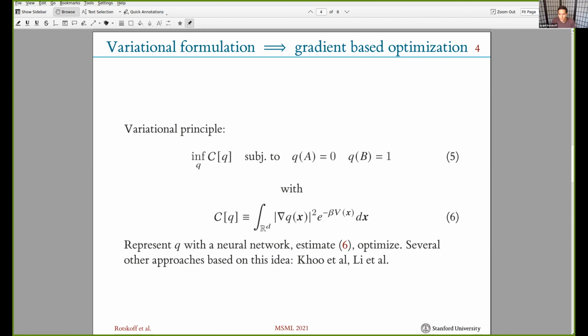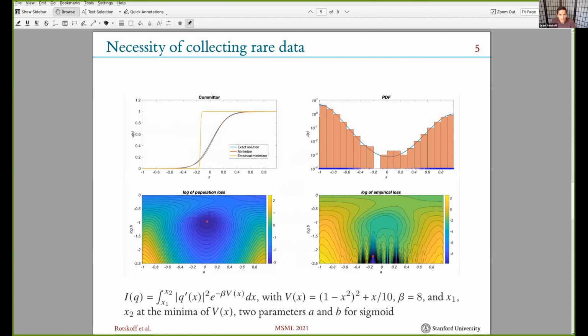Okay, so there are a few other works, as I said, in this conference talking about this. So let me illustrate why this sampling is challenging just with a very minimal example. This minimal example is just a double well potential again, and here we can sample quite exhaustively. The advantage of this minimal example is that we can parameterize the committor just with a sigmoid function. So there are only 2 parameters to fit here. This doesn't require any sophisticated neural network machinery.